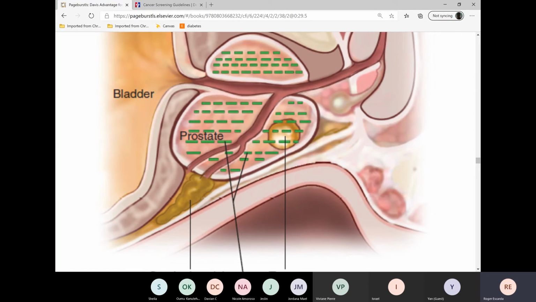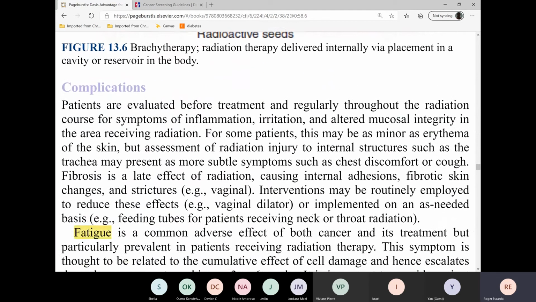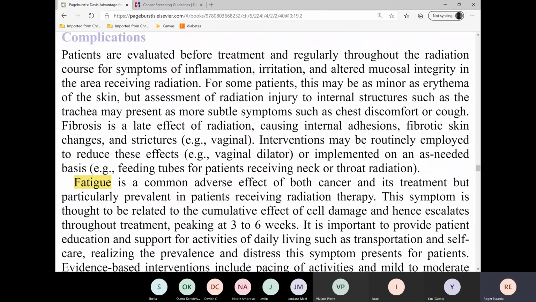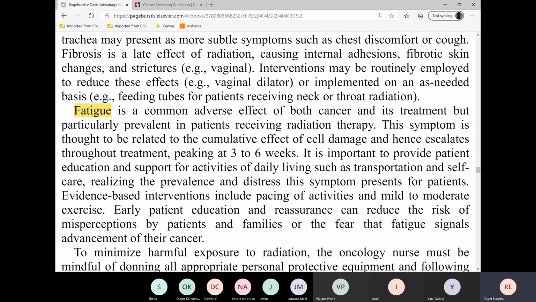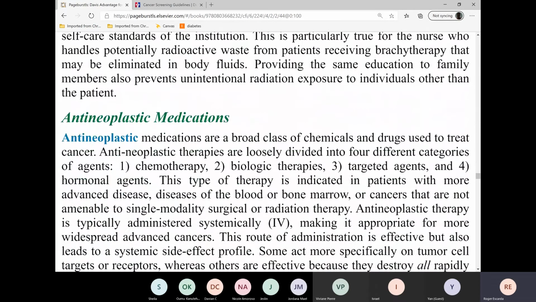Your phagocytes, your macrophages will eventually eat and get rid of them. Here's the fatigue I mentioned, and most of the side effects again are site specific, especially if we're dealing with sealed or external radiation. So the surrounding area will have some damage or side effects.